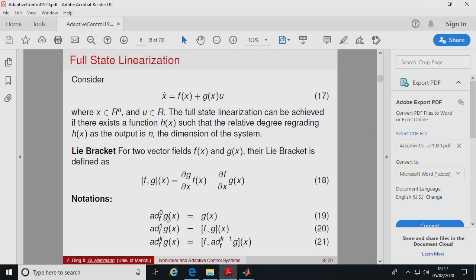We take at first the adjoint f, the 0th one, in relation to g of x, and that is g of x. Then we take that g of x and create the Lie bracket in relation to f. Just to remind you, f is the system drift, g is the input vector, and then we take that one and plug it into the next Lie bracket in relation to f. And we go through that step by step.